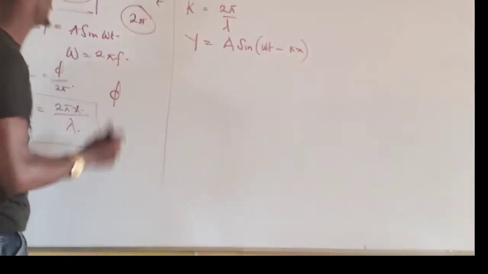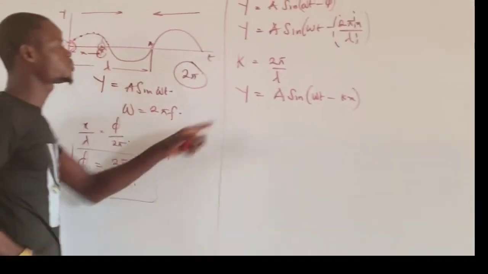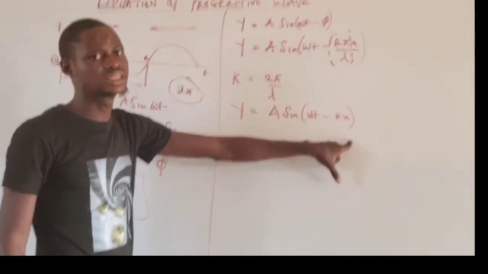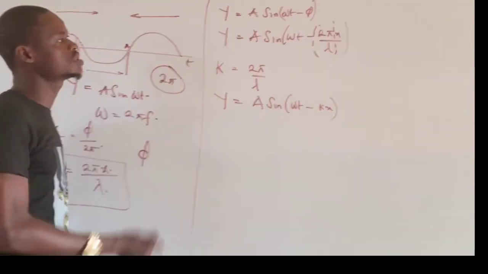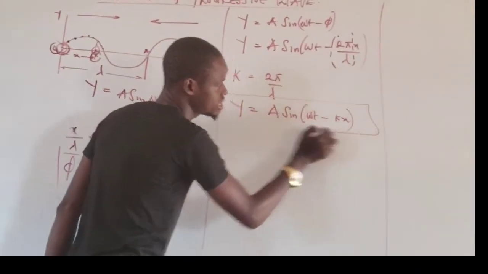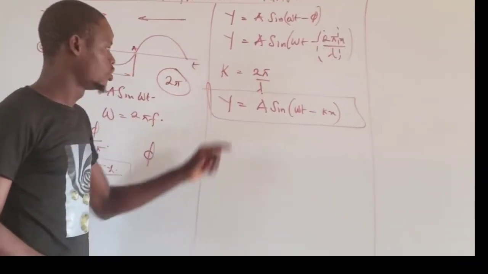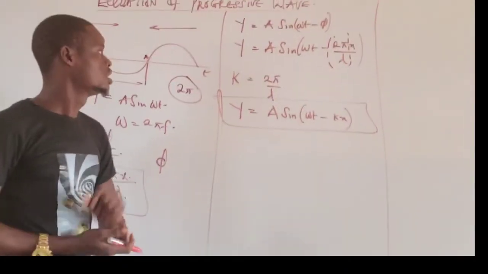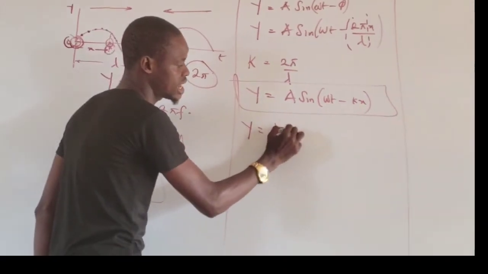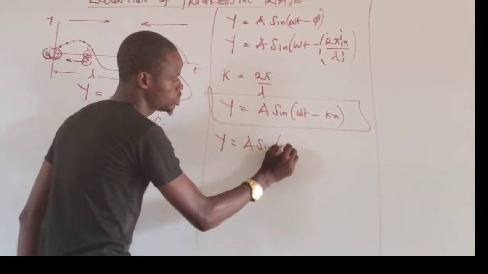It simply shows that the particle at point P is displacing with a displacement of a sine (Wt minus kx). We can further write this equation in different formats, but note that this is the general equation for a progressive wave.